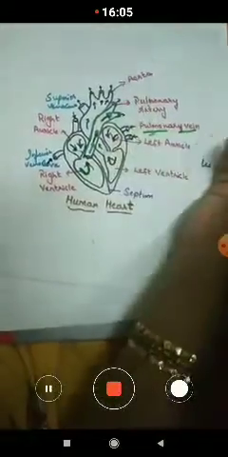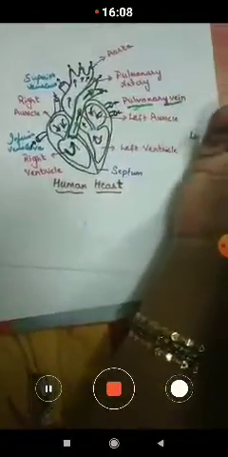The pulmonary artery reaches the lungs and gives out the carbon dioxide to the lungs. The pulmonary vein is coming from the lungs and is connected to the heart, children.